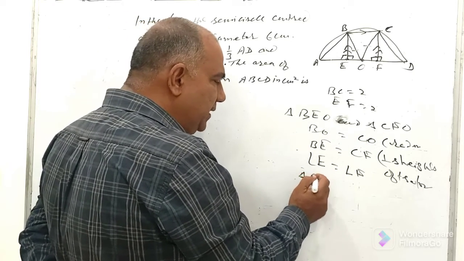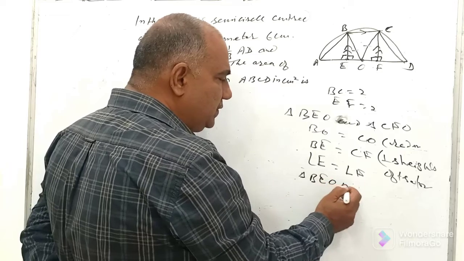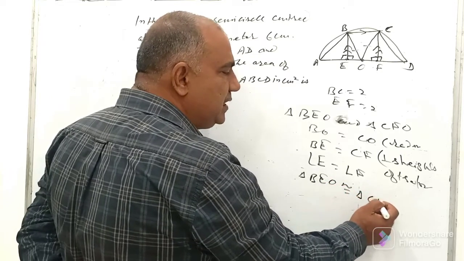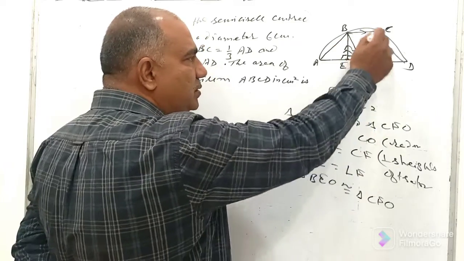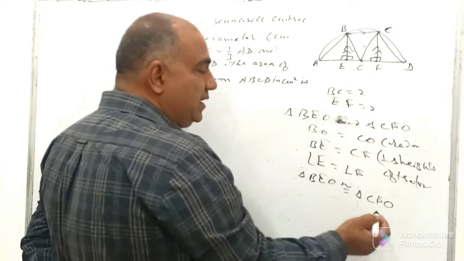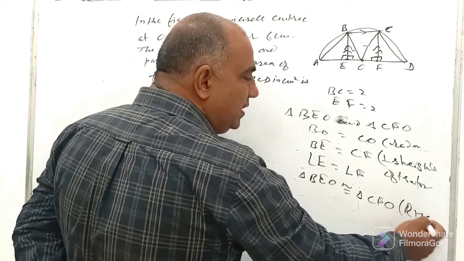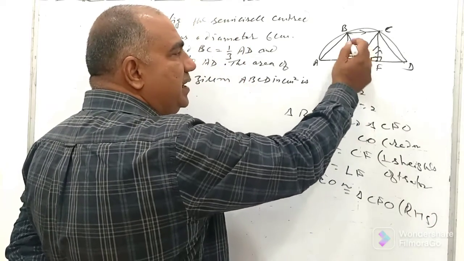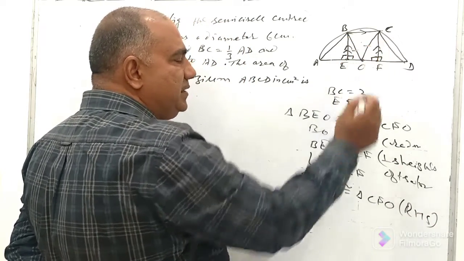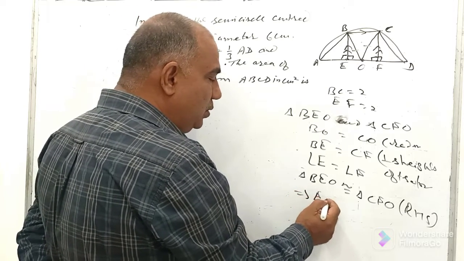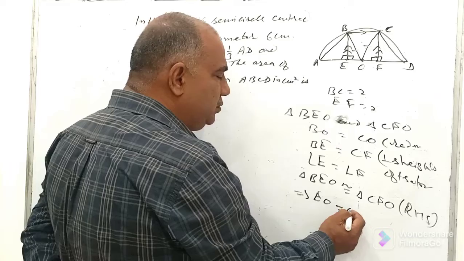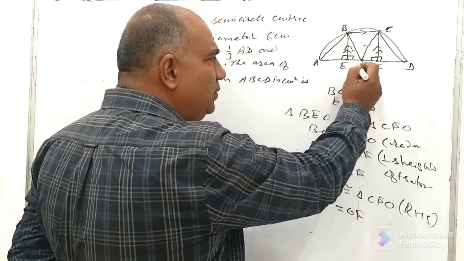Triangle BEO is congruent to triangle CFO. You can see these two triangles, BEO and CFO, are congruent, and the criterion is RHS: right angle, hypotenuse are equal, and side BE and CF are equal. So this implies that EO is equal to OF.